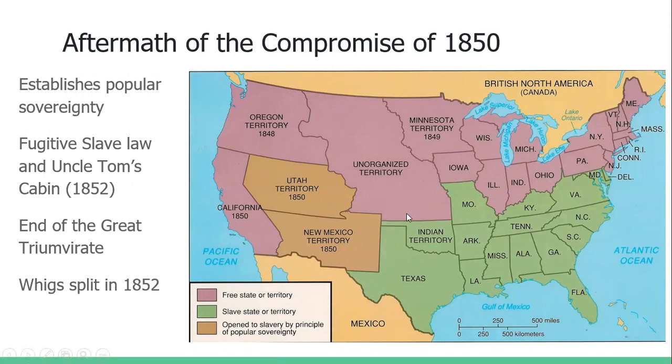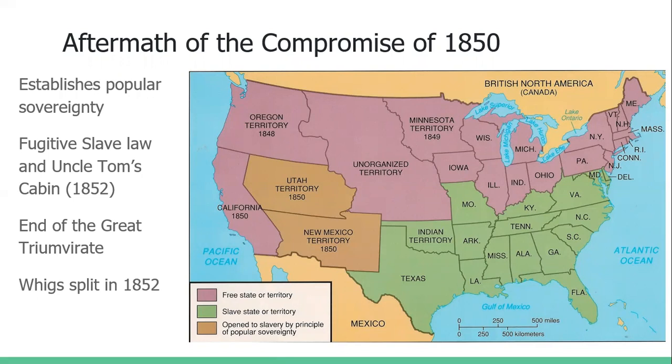The people in Kansas and Nebraska, they would get the chance to vote on whether, when they become states, they want to be slave states where they can allow slavery, or free states where there is no slavery legally allowed. Right? So that, while in theory might sound good, yeah, just have the people vote, it's going to cause a lot of issues, as we will see shortly.